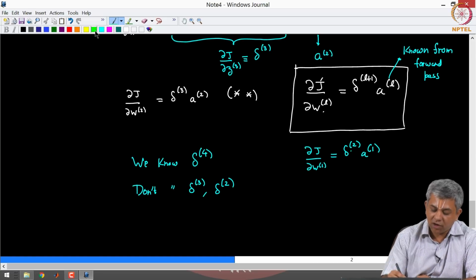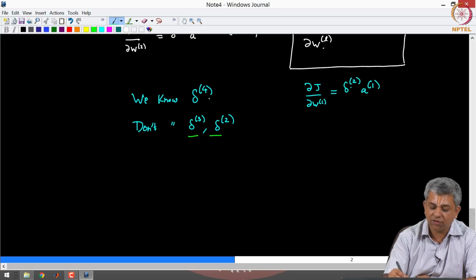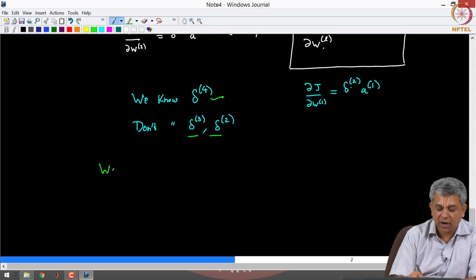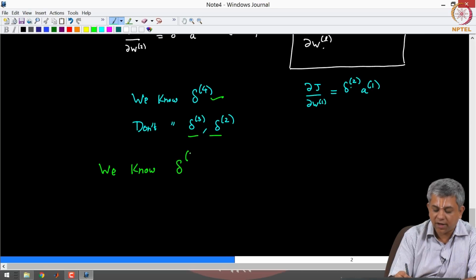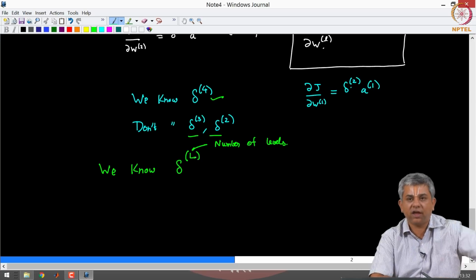So, can we find out these two terms? We know the final one and you will always know the final error. I will call it L, where L is the number of levels. So, you will always know the delta at the final layer one way or the other.